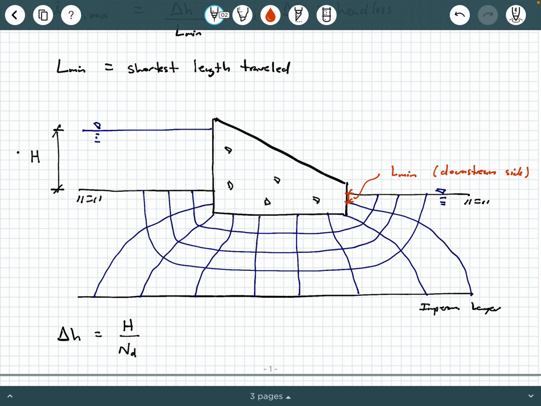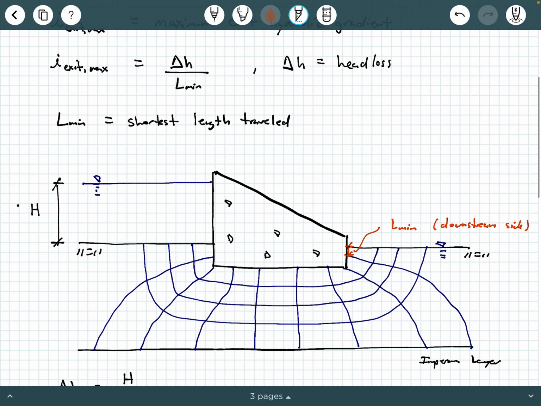Specifically, this is going to be the dimension of this flow element, the dimension of the last flow element that's adjacent to the concrete structure. So that's this vertical dimension right here. Again, it's the shortest length traveled on the downstream side in the last flow element, because this is where you're going to lose the stability. Remember, the water is flowing in this direction. So where are you going to lose stability? Right here at the toe of that dam.